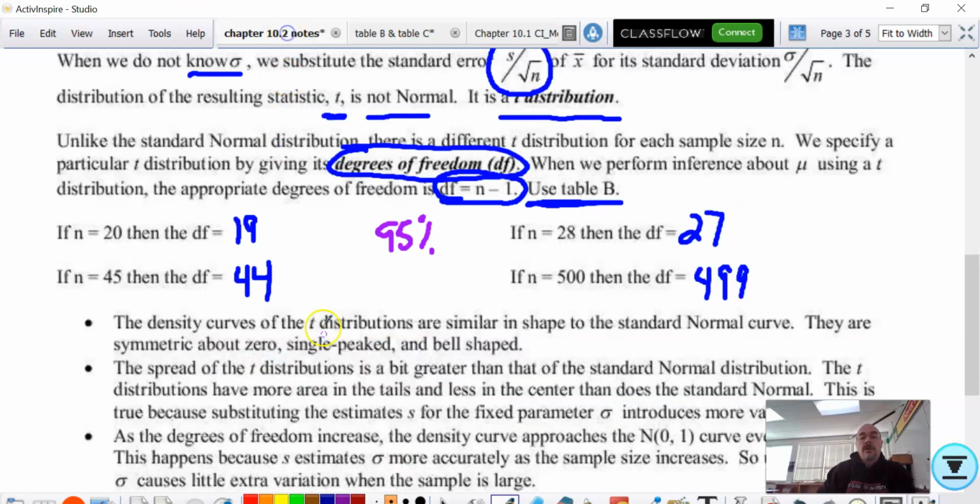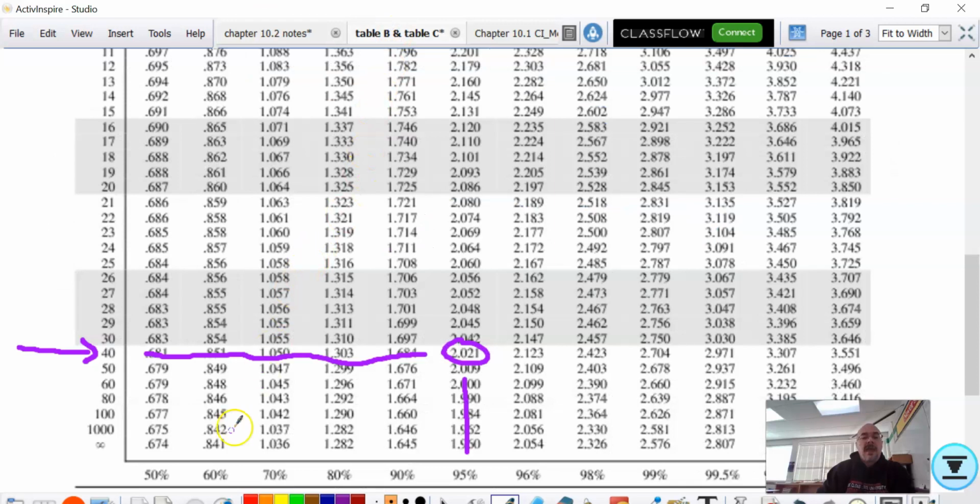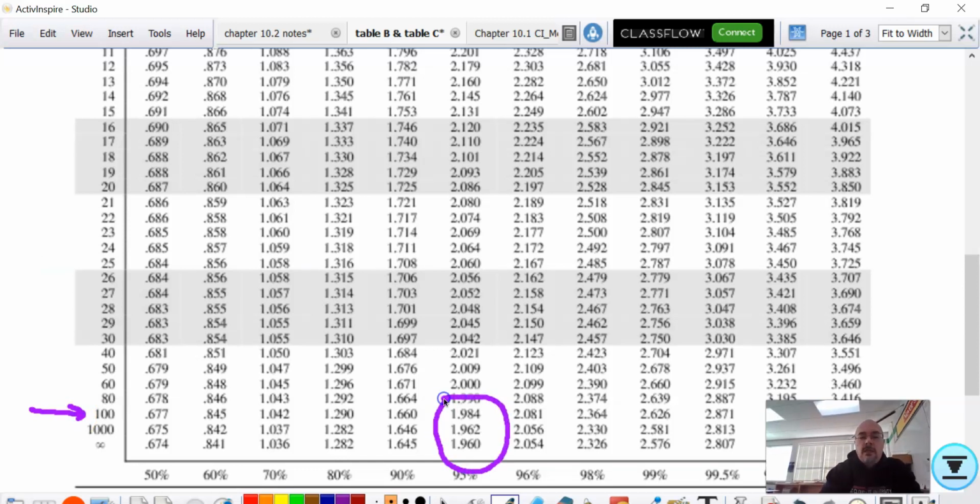Now on this other one, ladies and gentlemen, 500 is not on there. So we would actually go to the next lowest one, which is 100. But I want you to notice something here, folks. Look at how little those critical values actually change between a degrees of freedom of 100 and infinity.